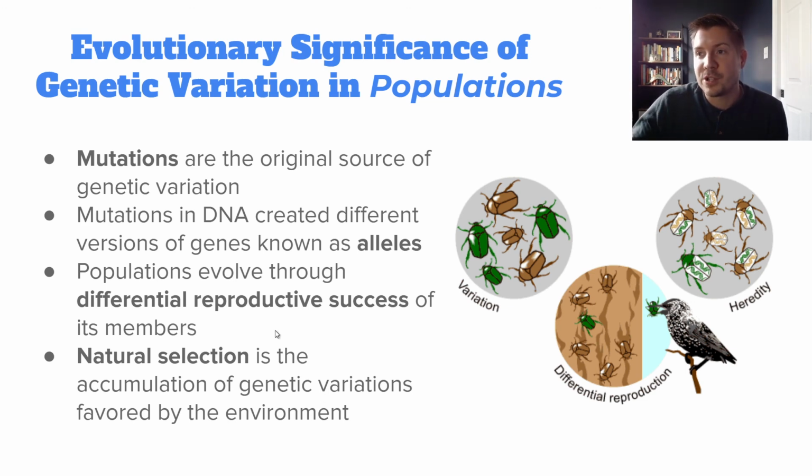This leads to differential reproductive success, so some individuals reproduce more than others, and then their alleles become more common. Natural selection is the process of the environment acting on this variation to increase or decrease various combinations of alleles.